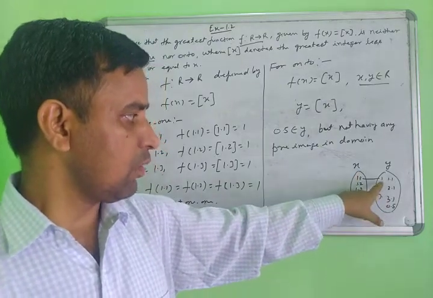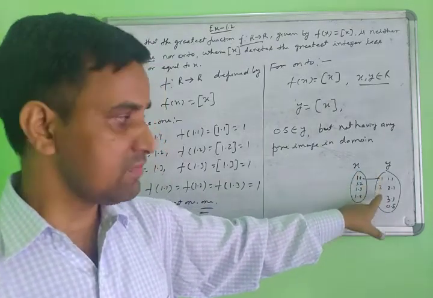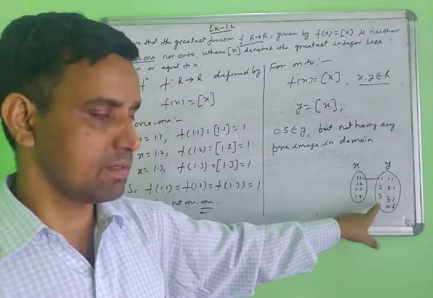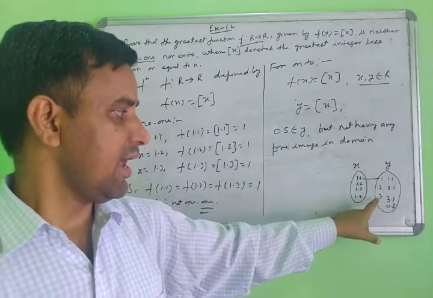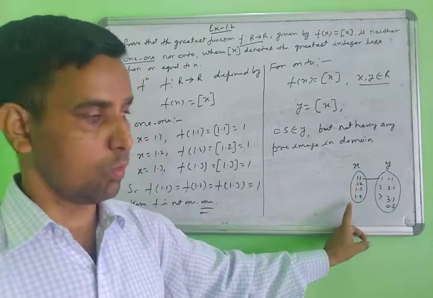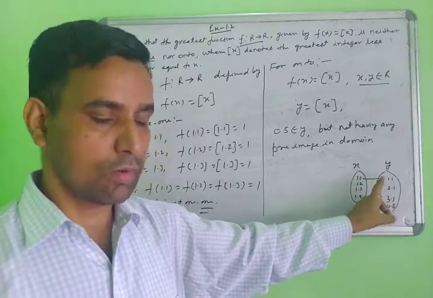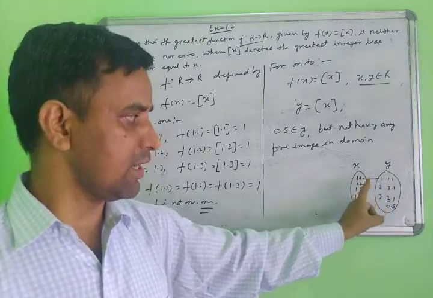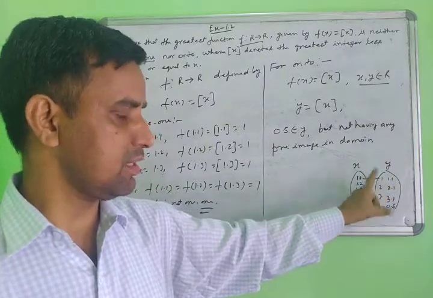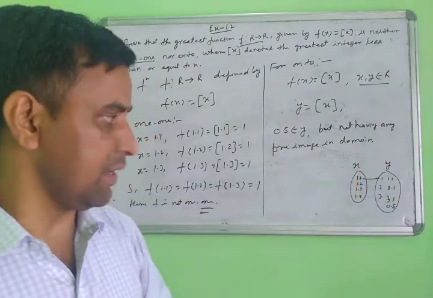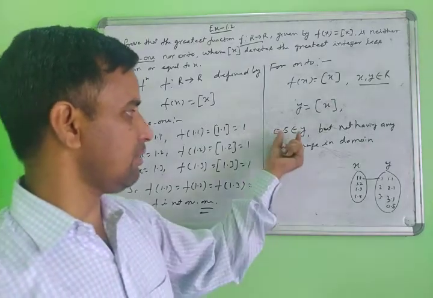Here only 1, 2, 3, the positive integers, and the negative integers have a pre-image in the domain. All positive decimal numbers and all negative decimal numbers do not have a pre-image in the domain. This is a simple example.